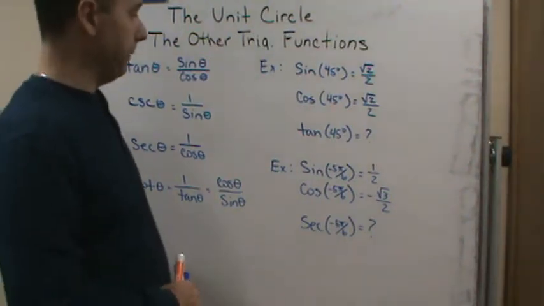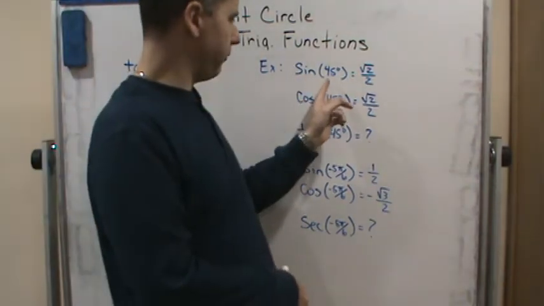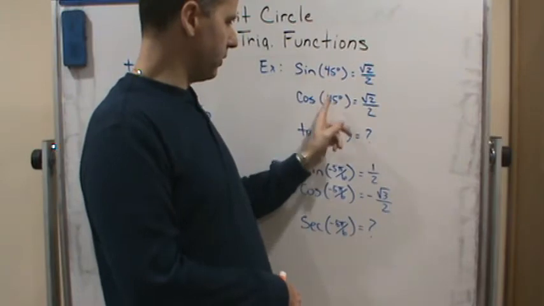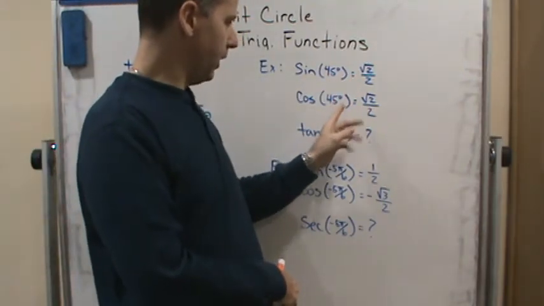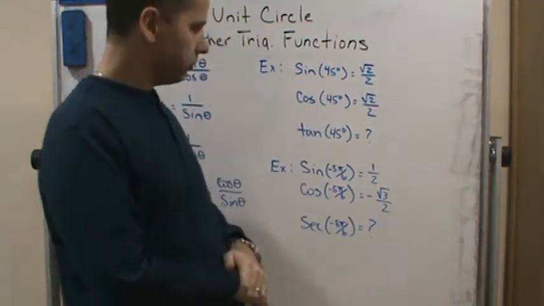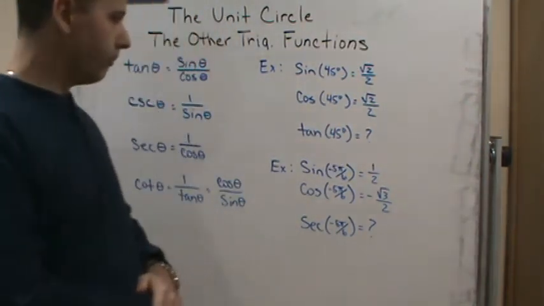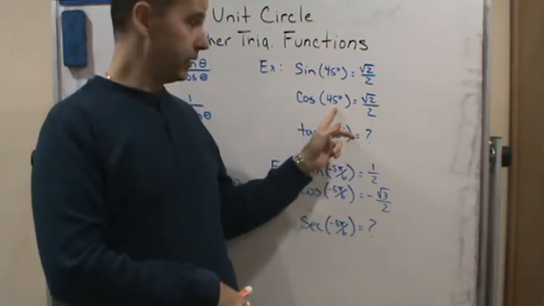If I look at sine and cosine, I see that sine and cosine of 45 degrees are both the same. Notice that they have the same sign, which tells me this angle is located in the first quadrant.